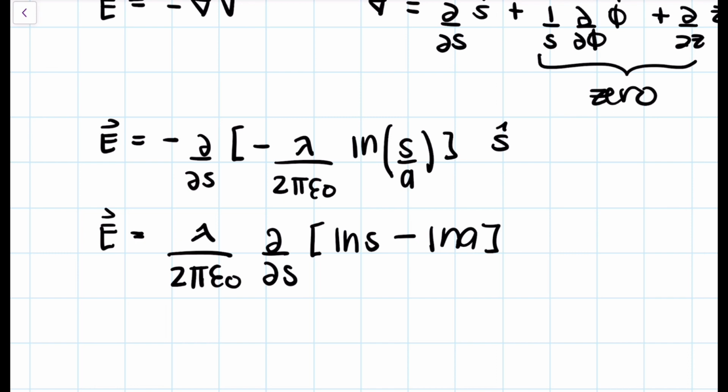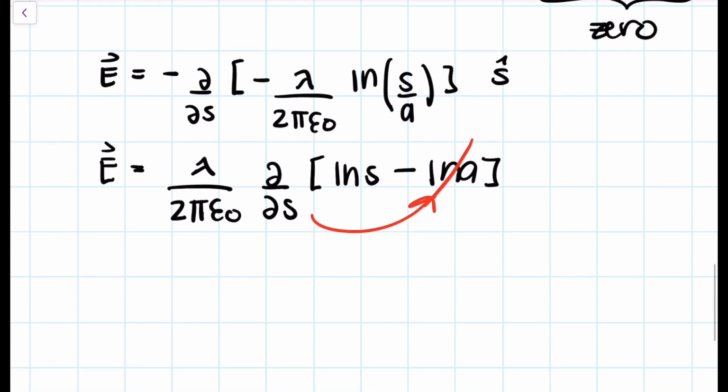So when we apply the partial derivative with respect to s, it just goes away, and we're only taking the derivative of the natural log of s.